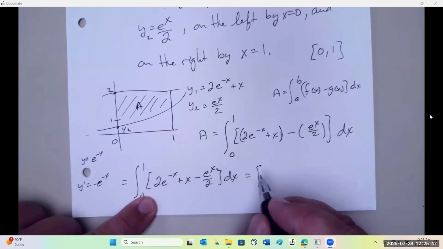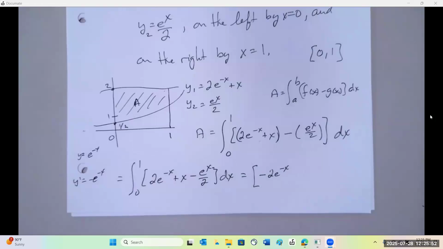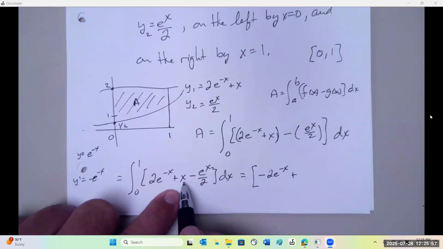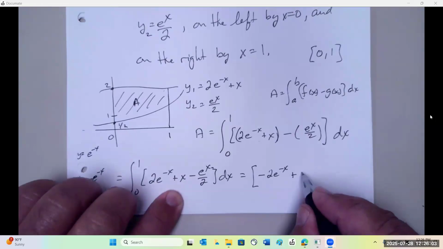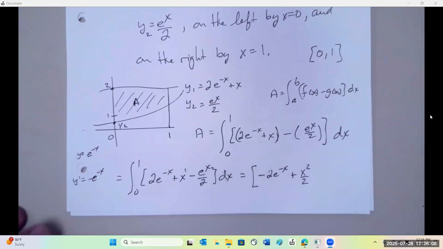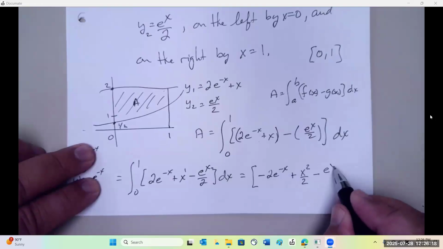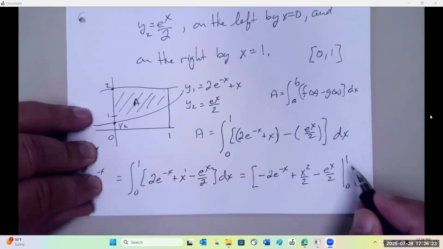So I have to have a negative in front of there. What's the integral of x? X squared over 2. Because right now it's just x to the power 1. And the integral of e to the x over 2 is just e to the x over 2. Going from 0 to 1.